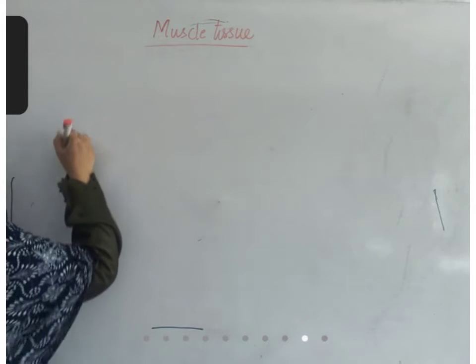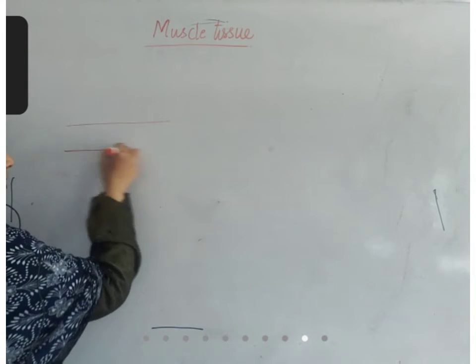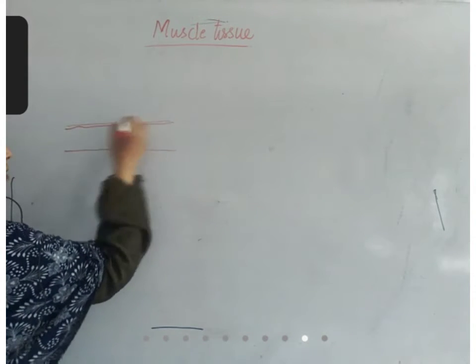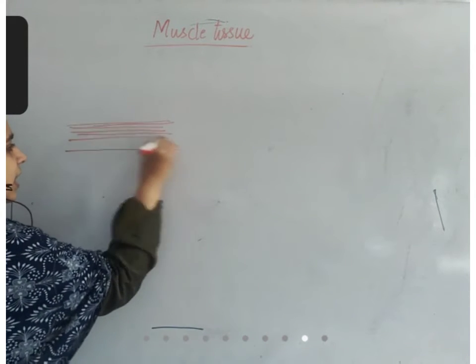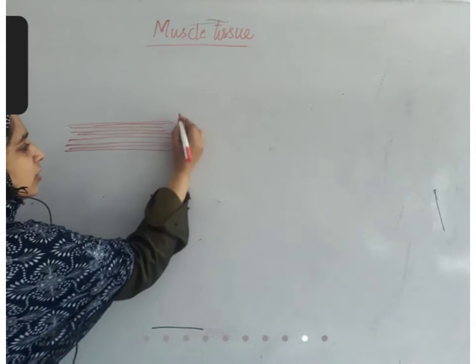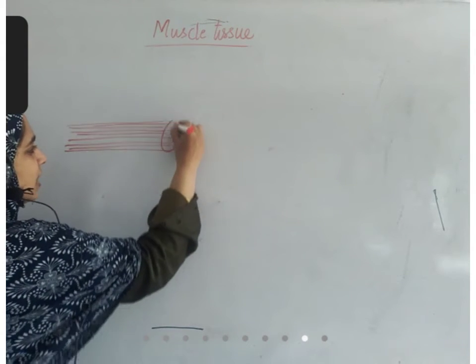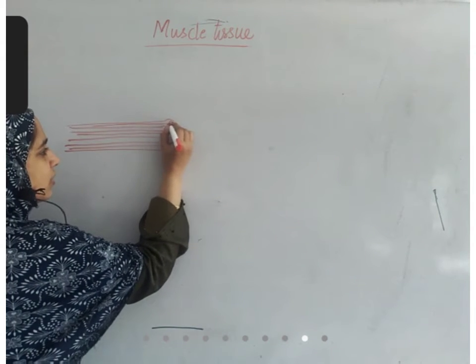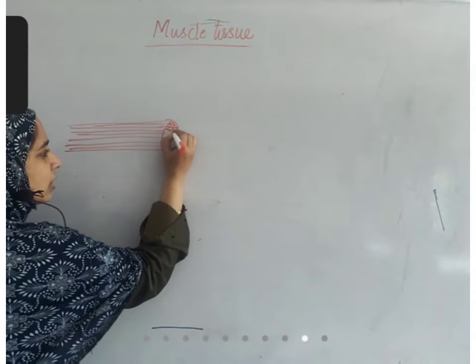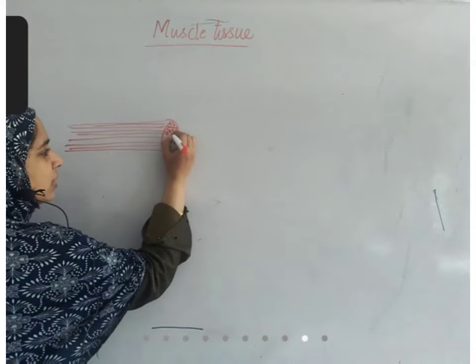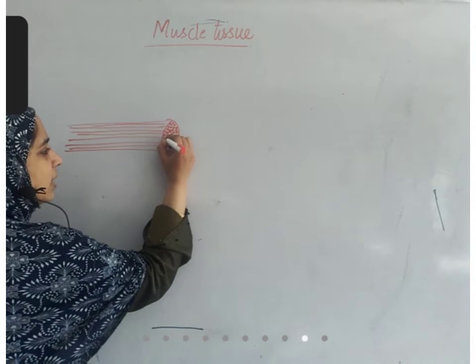Striated muscle, if you take a striated muscle, it has a bundle of fibers. So all the fibers are like this and it forms a bundle. When you see from the side, you can see there are so many fibers. These are all fibers. Each one is one fiber. So they all will form one bundle.